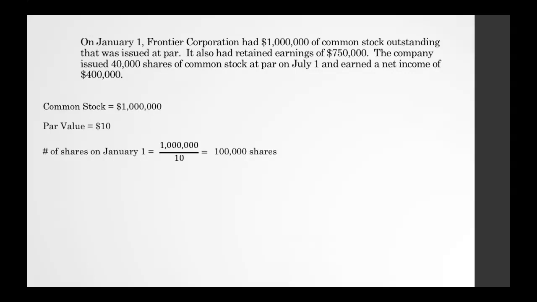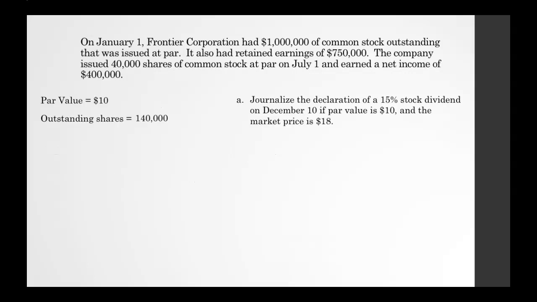And these stock dividends aren't coming until December. So after July 1st, when we issued another 40,000, we're now sitting at 140,000 shares going into December. So we needed to find that before we could even talk about the stock dividend that's happening in December.